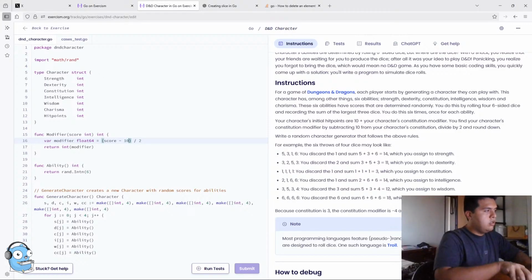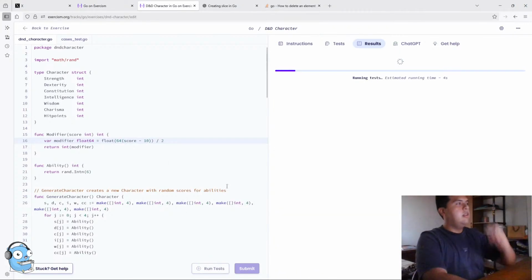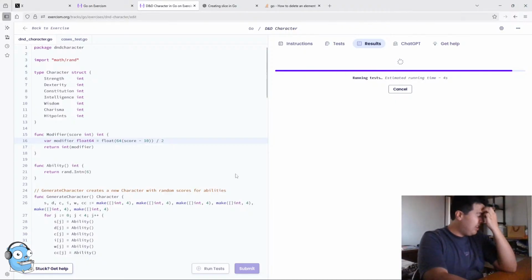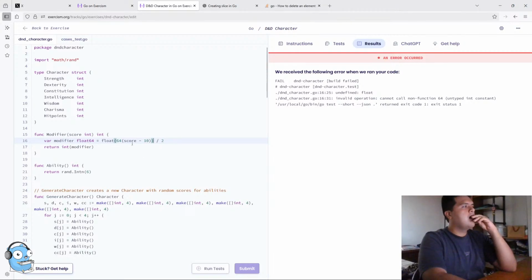Minus 10, float64. Okay, yeah, now I think that it will work. Float64.